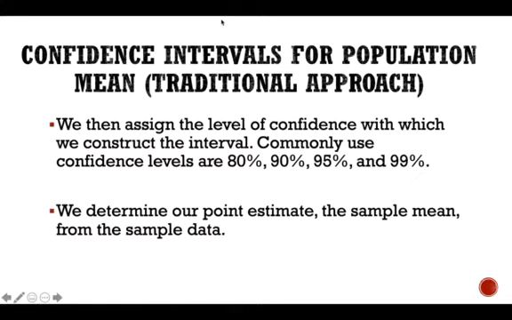The first thing we're going to do is make a bootstrap confidence interval for the population mean. Let's quickly glance over what the traditional approach would have been. If we don't know the exact value of the mean, it's very unlikely that we'll know the exact value of the standard deviation, again, for the population.